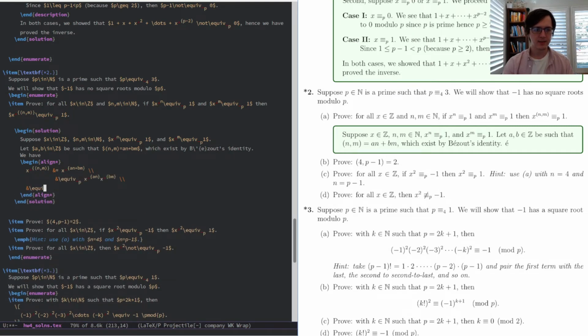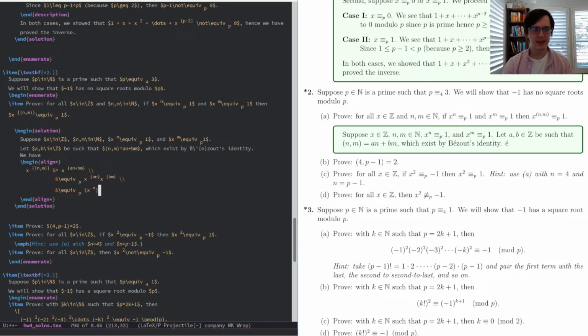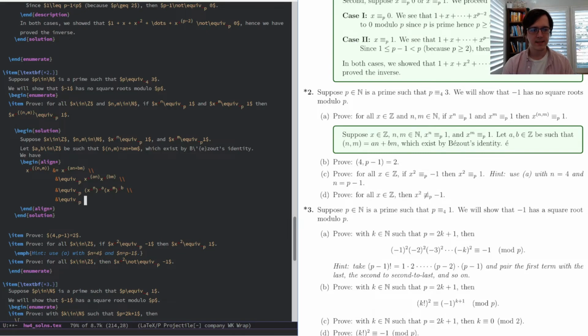Let's see. Let's use our exponentiation laws, which we didn't prove. But maybe I'll prove them here in just a moment. So let's see where we are.